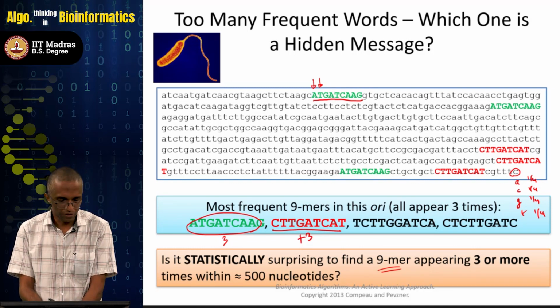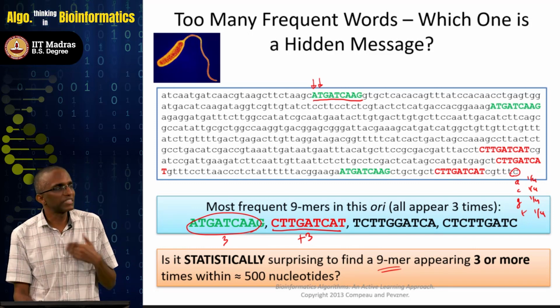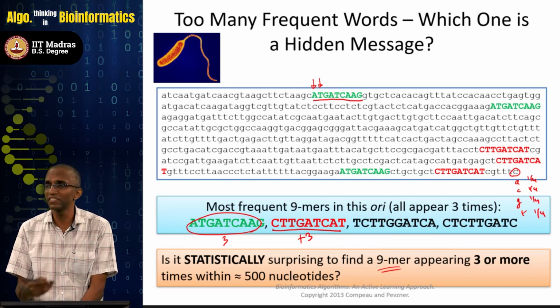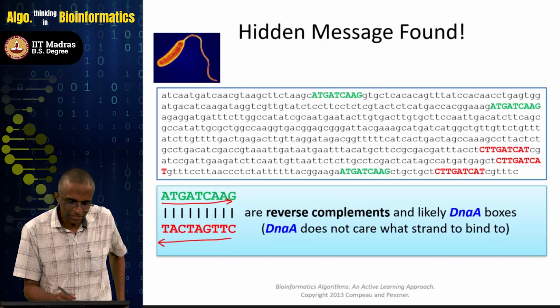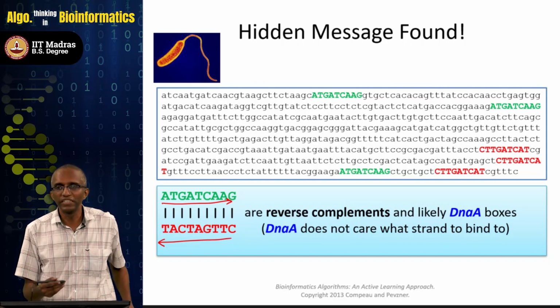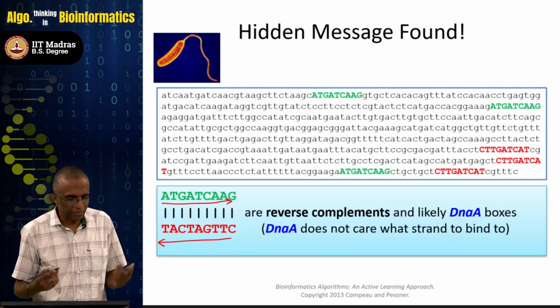That increases the statistical surprise, and so you have this as the likely candidate for your DNA box, the substring within this string that the DNA protein binds to start the replication.